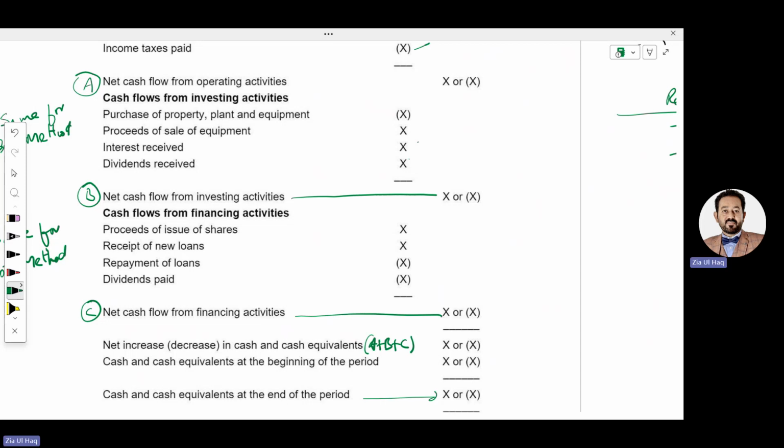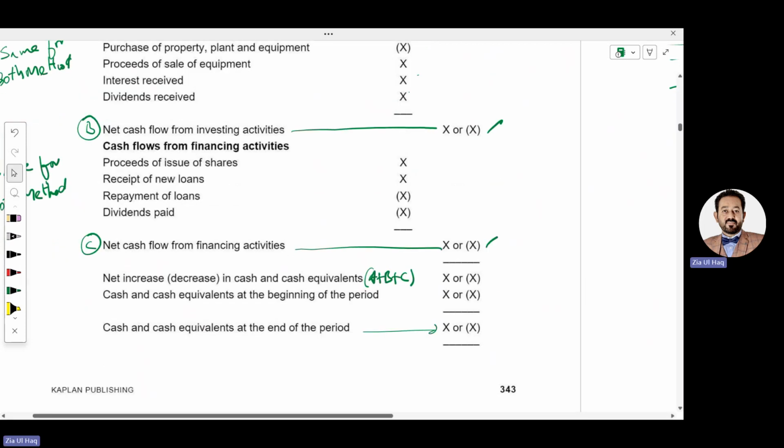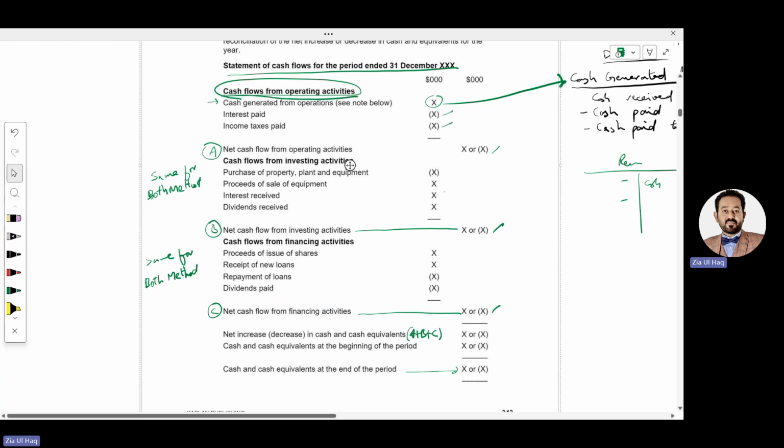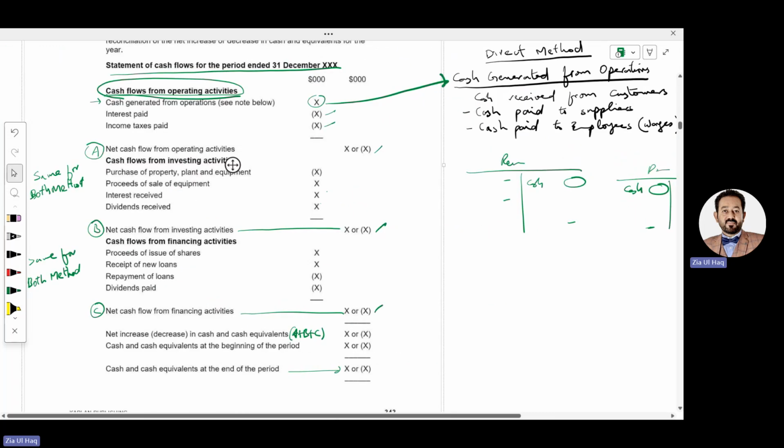And by adding all three, we will arrive at net increase or decrease in cash. If positive, increase; if negative, decrease. We will add opening cash balance. We will arrive at closing cash balance. So this is the method to prepare cash flow statement from the direct method.